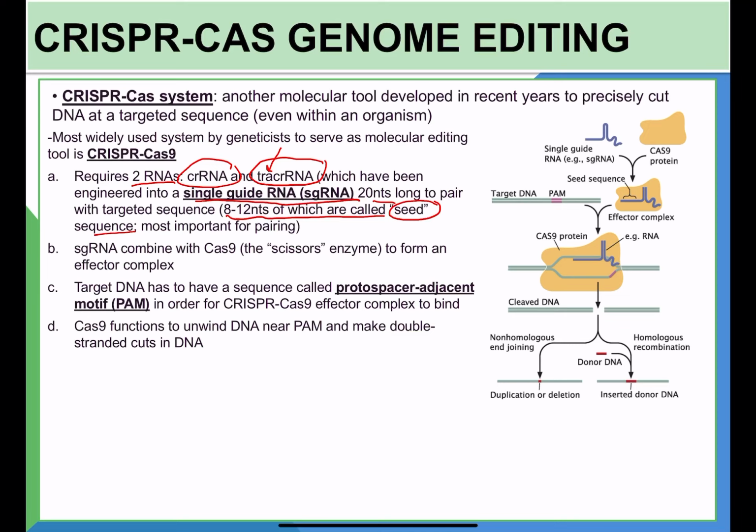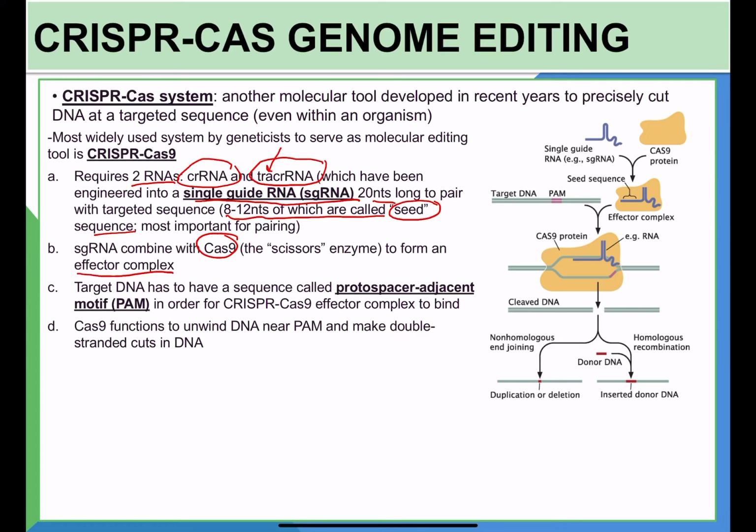So the next thing to do after we have our single guide RNA is combine it with our molecular scissors, which is the actual Cas9 enzyme protein, and form what's called an effector complex.